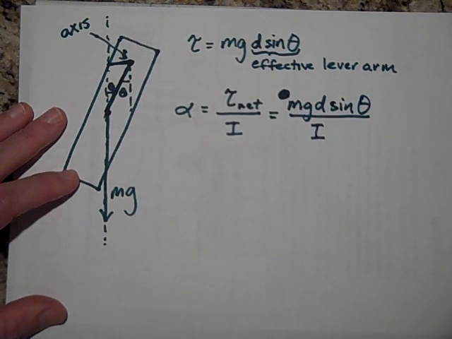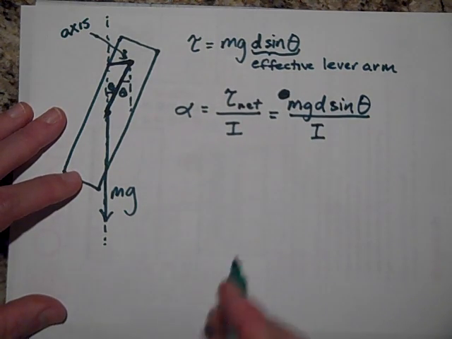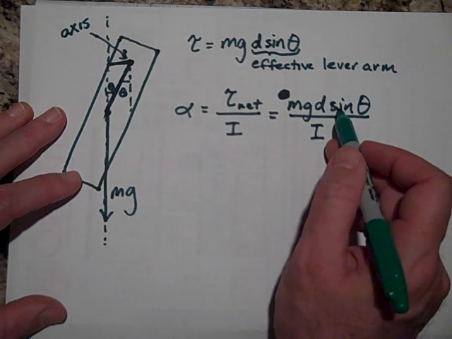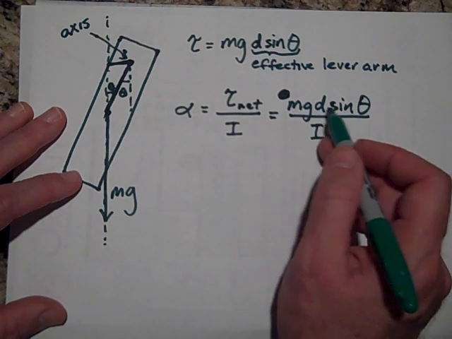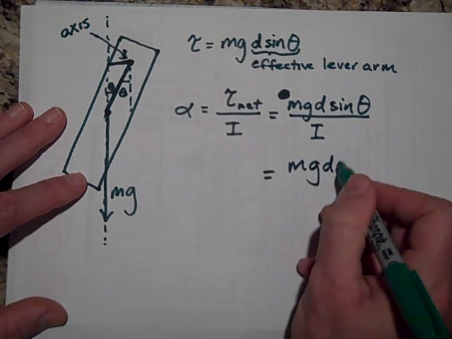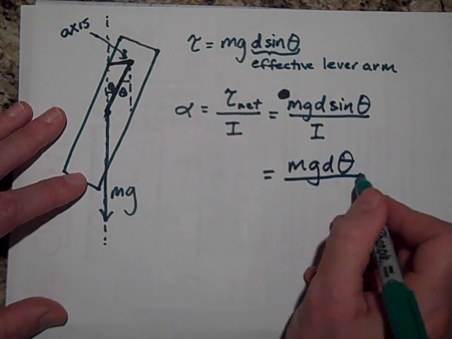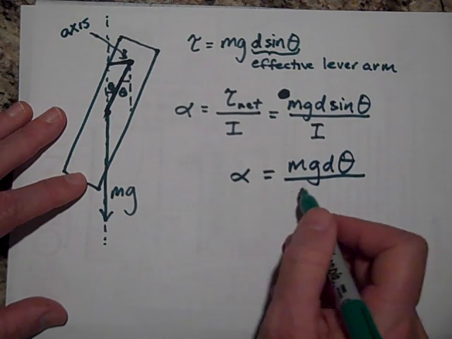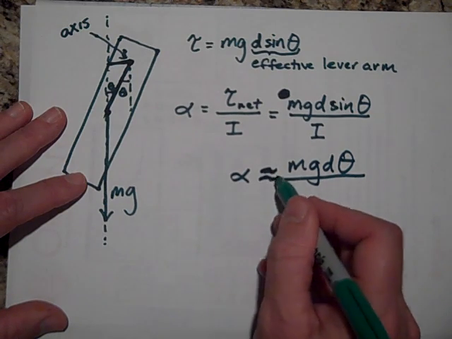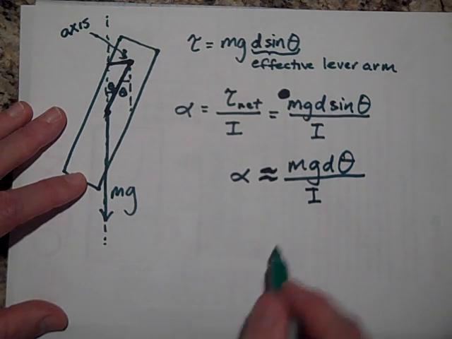At this point, if I make theta really small, I'm going to say that goes to just mg d theta. Approximately, that's what alpha is. If theta is really small, say approximately, it's this.